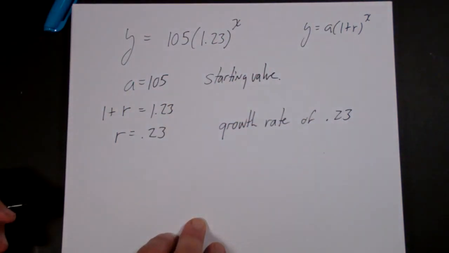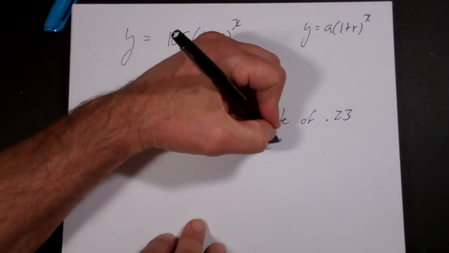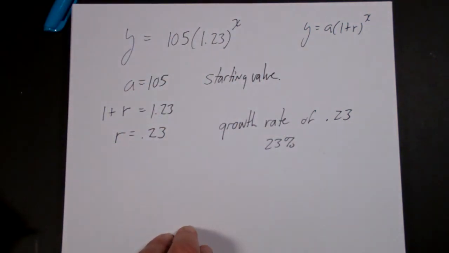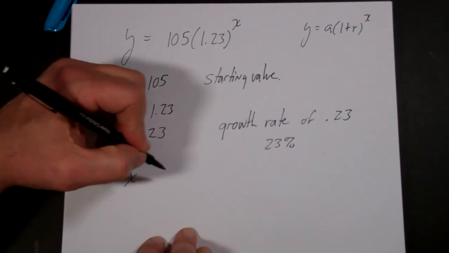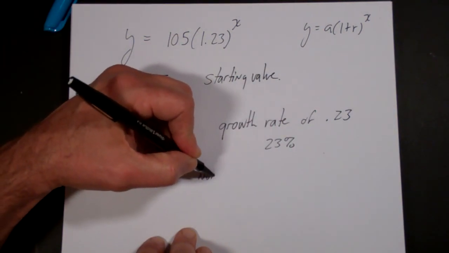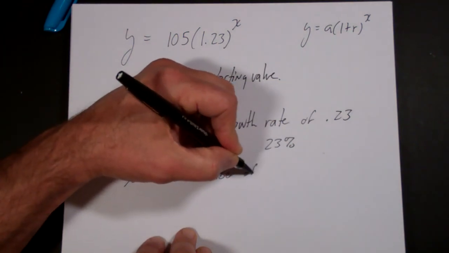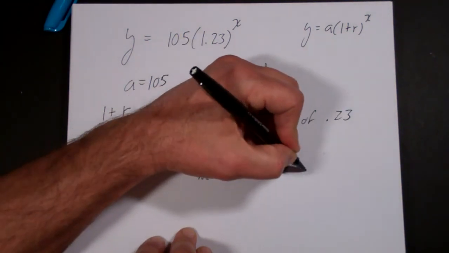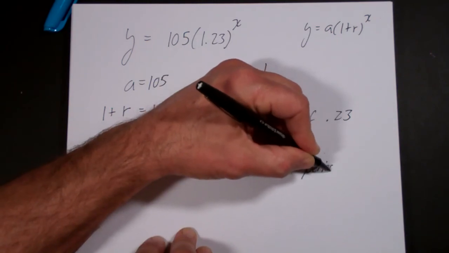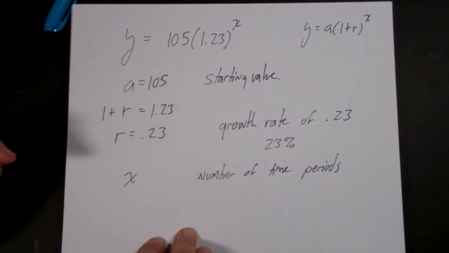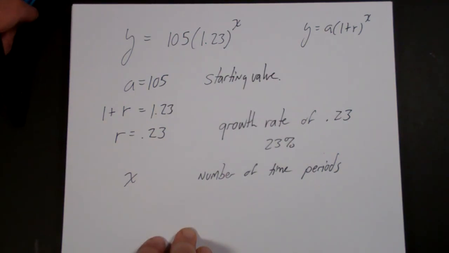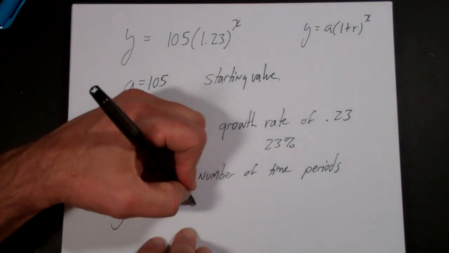Or if we want to put that in percent terms, that's a growth rate of 23%. x is the number of time periods. Now the number of time periods is specified in the details of the problem, but the math is built into the equation, so it doesn't matter in terms of what the math is. And then y is the ending value.